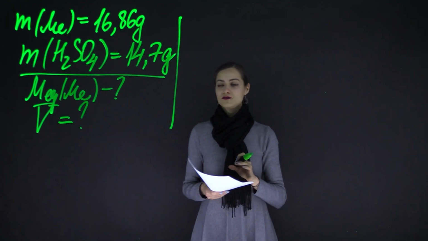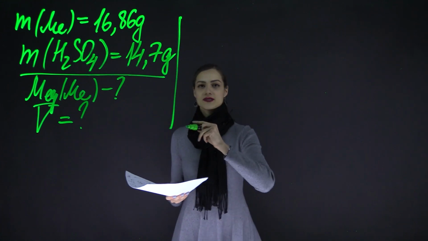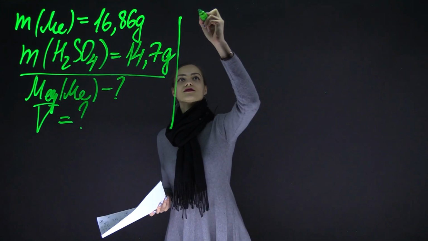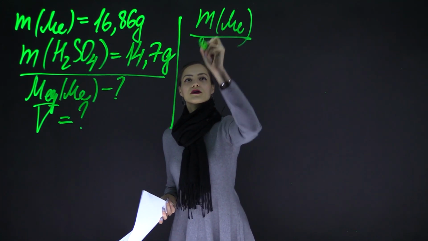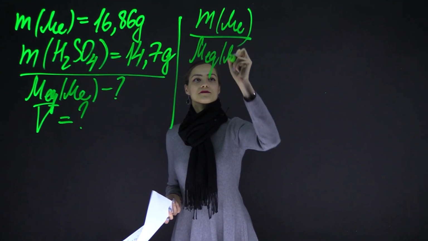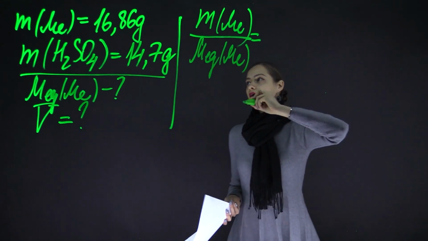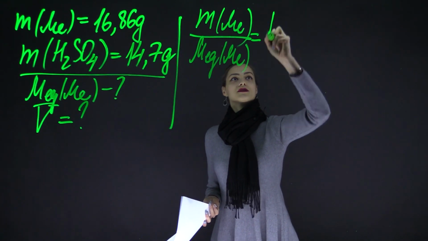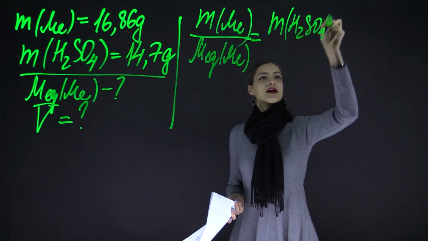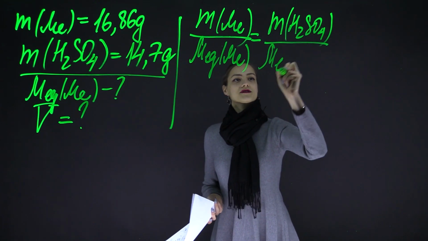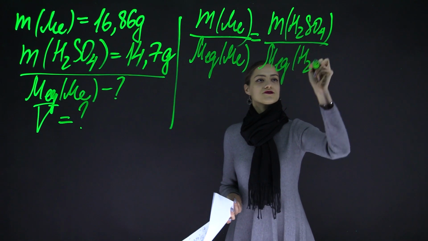As well, we use the law of equivalence, its second mathematical equation. So the mass of metal over the equivalent mass of metal is the same ratio as the mass of acid over the equivalent mass of this acid, H2SO4.